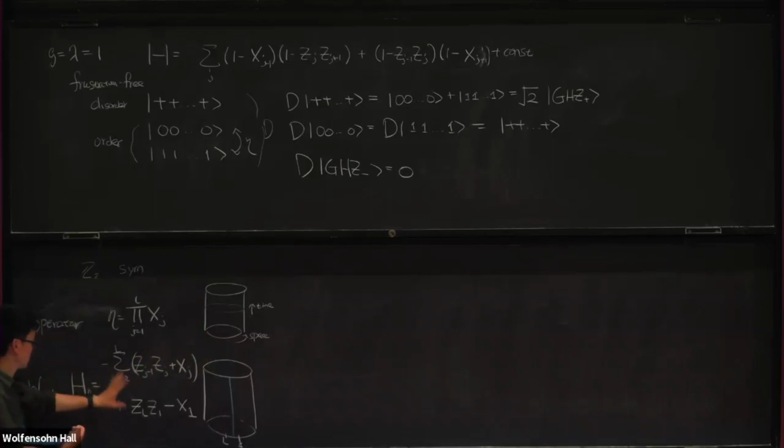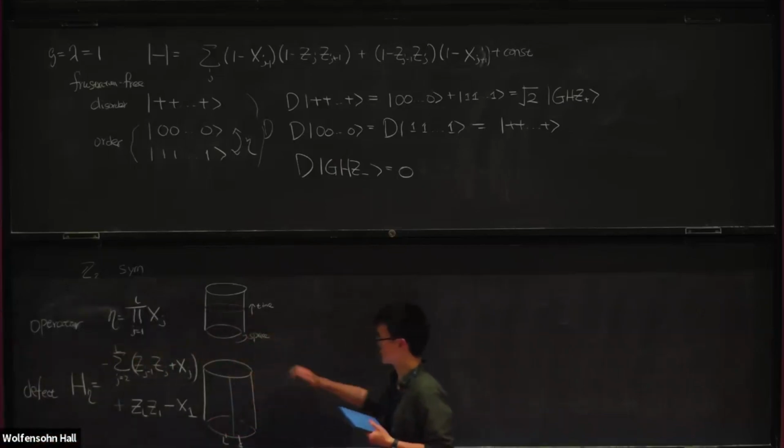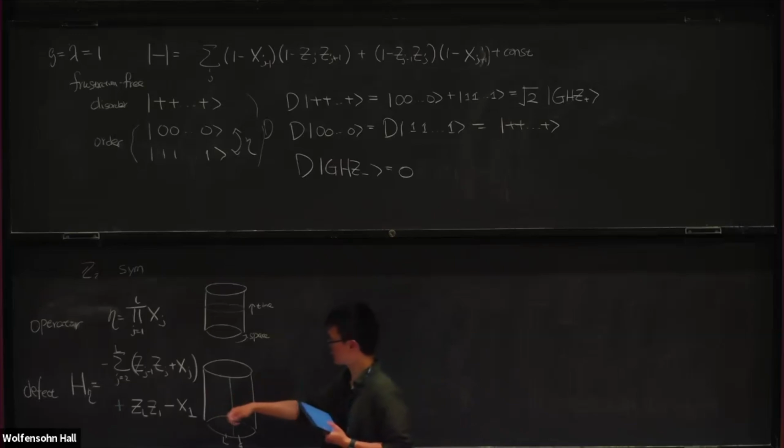And furthermore, the fact that there's a defect or a twisted boundary condition associated with the symmetry highlights the fact that this symmetry respects the locality property. You can use this symmetry to define a new boundary condition. And it's important that this defect is only localized in your space. It's not spread out. Okay, so that's the simplest case for the defect eta.